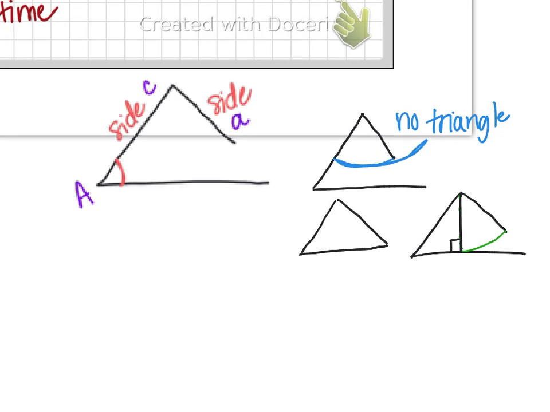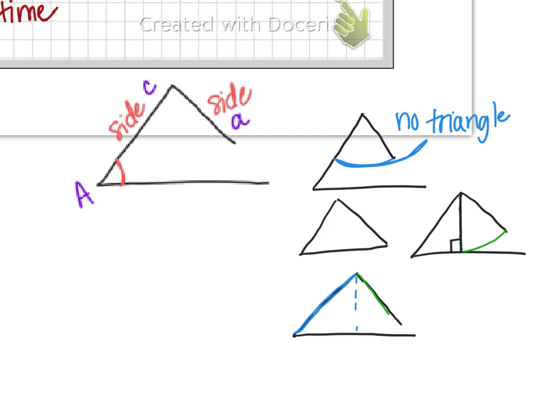Then we have a situation where it could possibly create 2 triangles. So if it is longer than the height and shorter than the other side, so shorter than this side here, but taller than the height, then there are 2 things that could happen. So when that happens, there are 2 possible triangles.